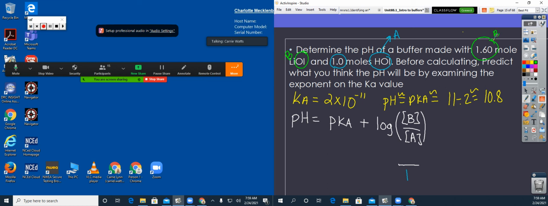And notice you can use moles, because they're both in moles. If they were over liters, the liters would cancel out anyway. The pKa, I believe I got 10.5 for the pKa when I actually solved it in my calculator, plus the log of this beauty over here, and I ended up with 10.7.